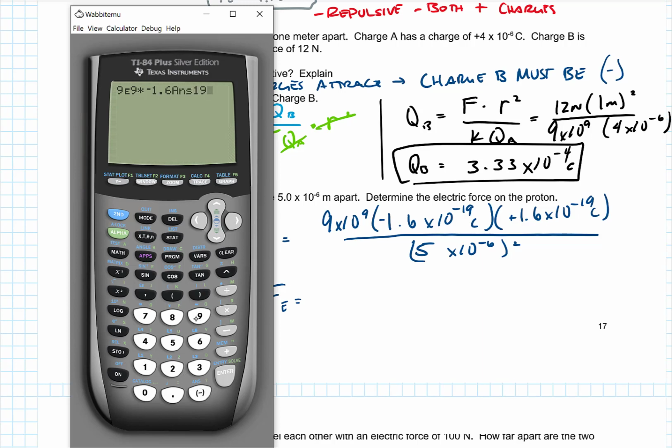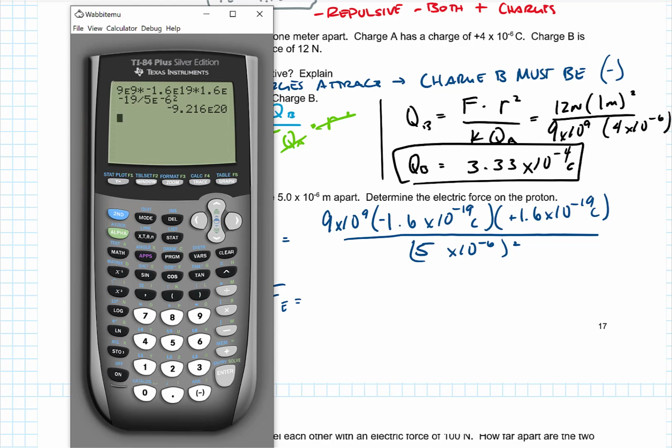Oh, sorry, that wasn't second E, that was second answer. Times 10 to the negative 19th times positive 1.6 times 10 to the negative 19th divided by our radius, and we can just do 5 second E negative 6 and then square that whole thing on the bottom. So when we do that, it comes out to negative 9.21 times 10 to the 20th.